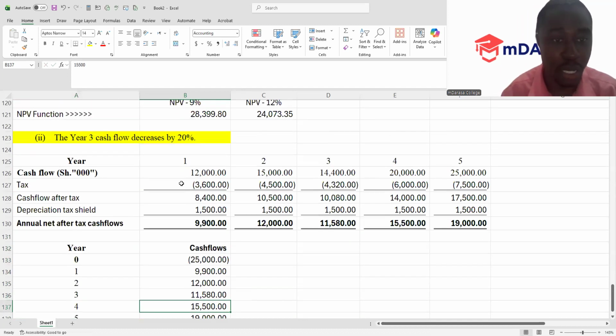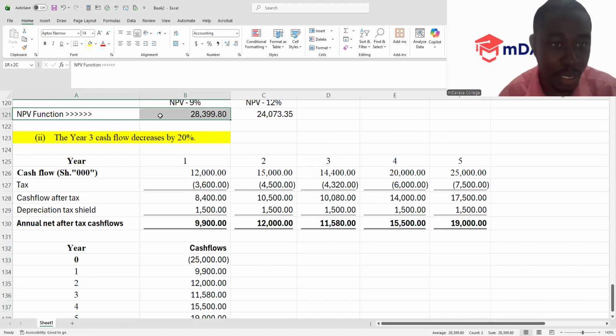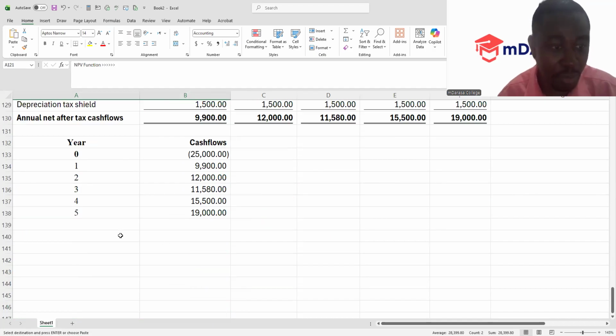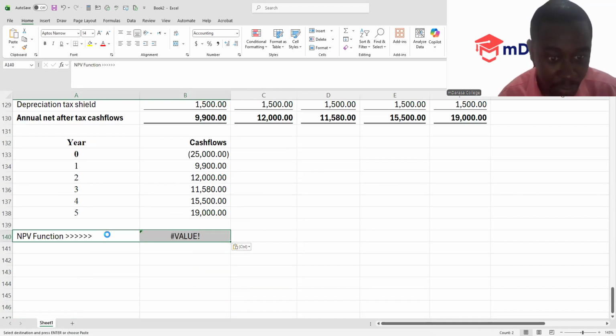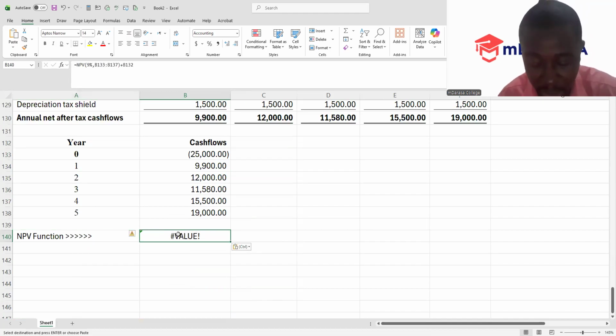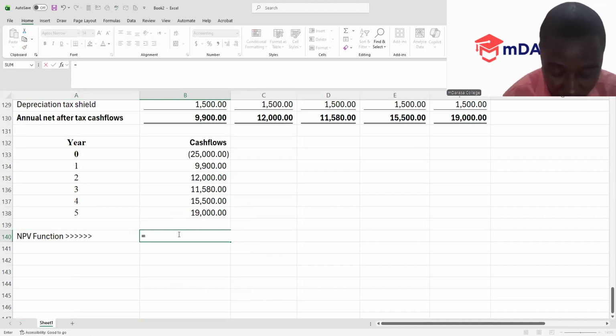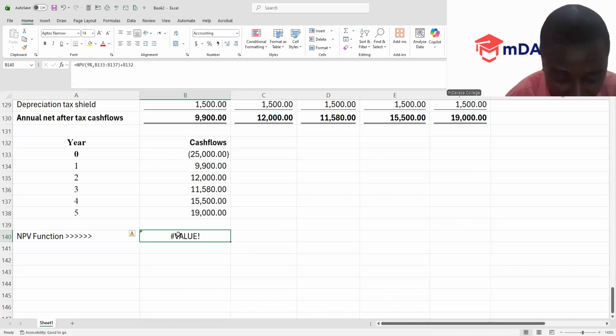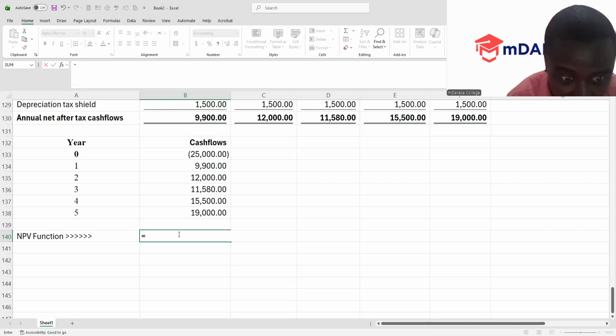So what will be our NPV? I'll just take our NPV and have it here. So that I'll be having equal sign NPV tab. We're looking at 9%, comma, that is the NPV function.